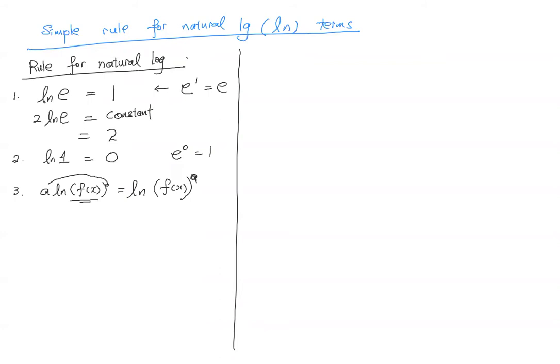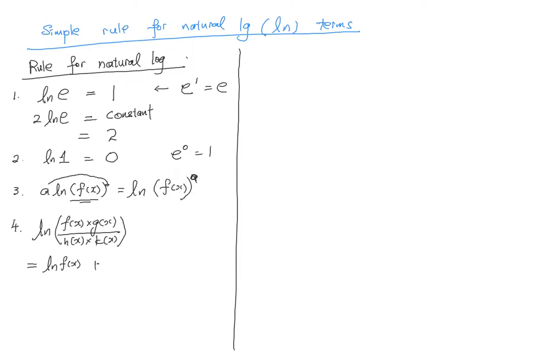Okay. Fourth, if I have a ln of a few functions, f(x) multiplied by g(x) divided by h(x) multiplied by k(x), for example. So whatever on top, you can break into many ln.